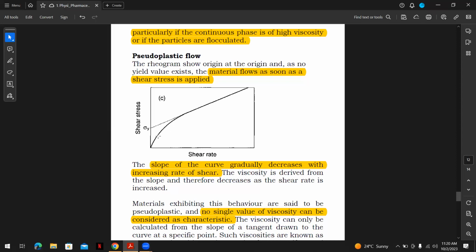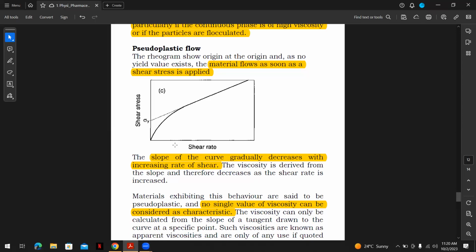For pseudoplastic flow, as soon as you have applied the shear stress, that material is flowing. So the slope of the curve gradually decreases with increasing rate of shear. And of course, we know viscosity is derived from the slope.